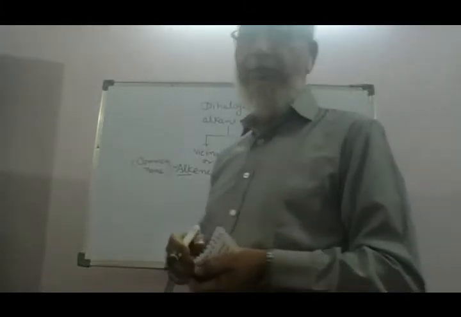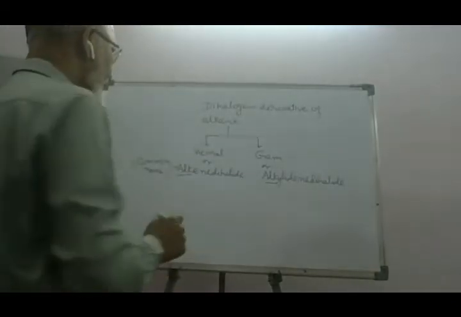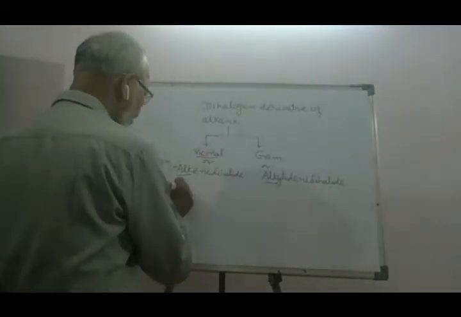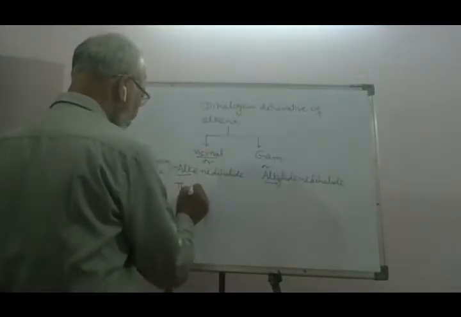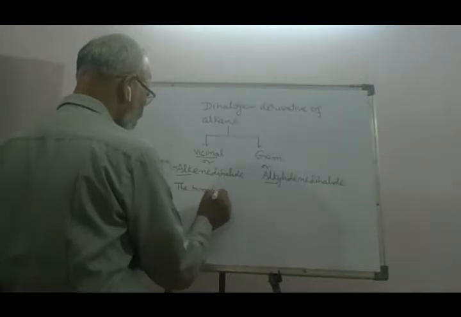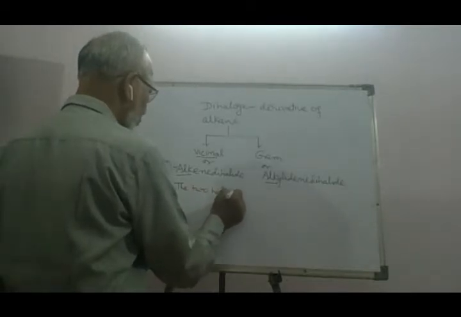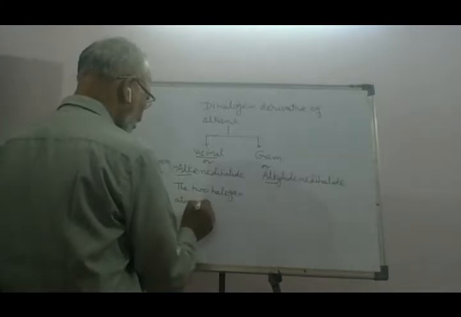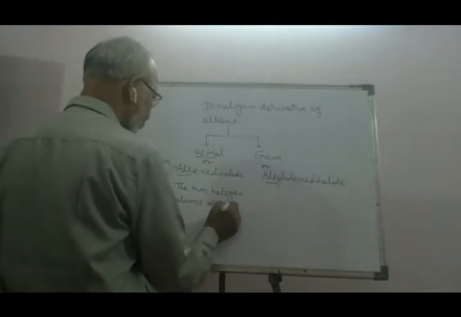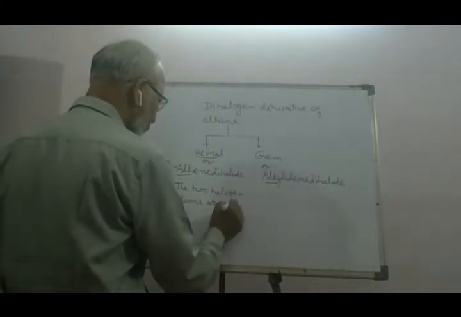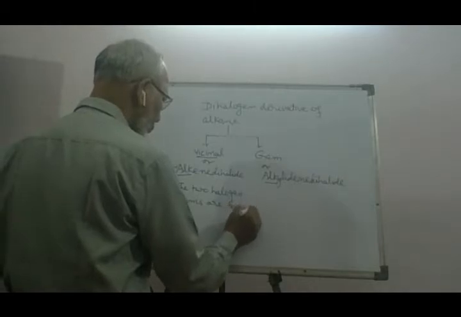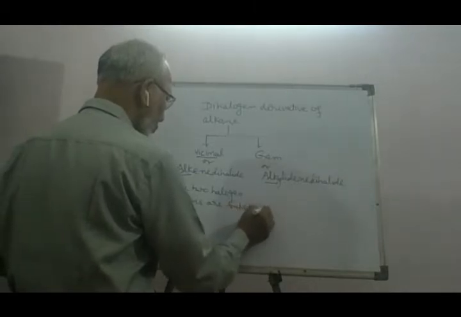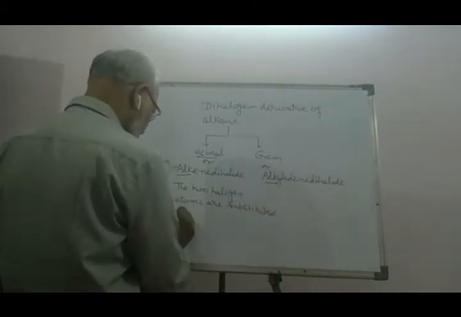Now, what is the difference between vicinal and gem? In vicinal, the two halogen atoms are present or substituted at two adjacent carbon atoms.